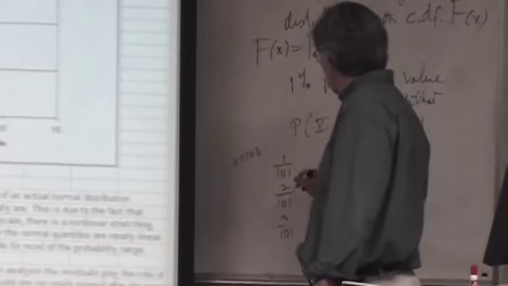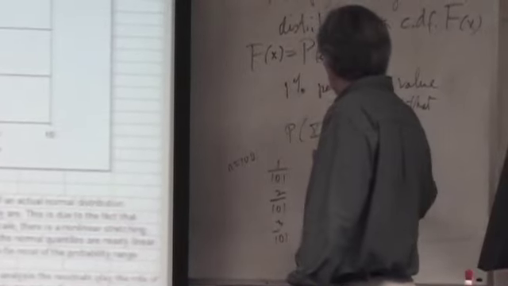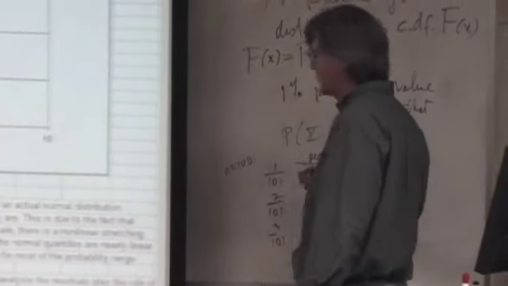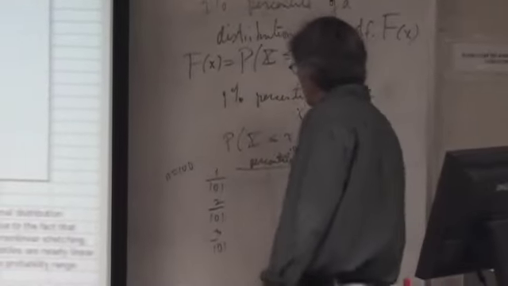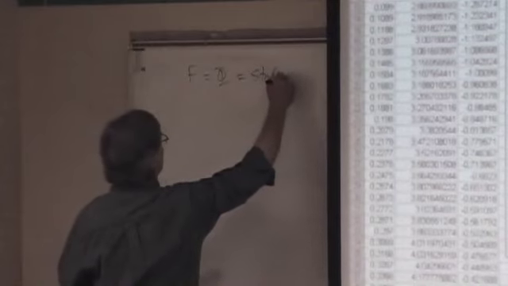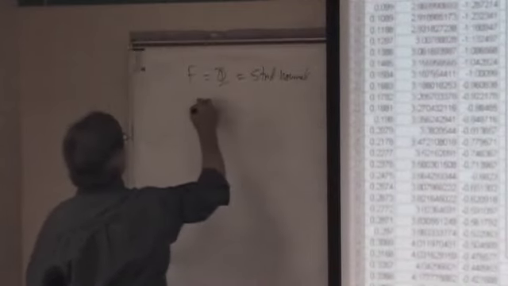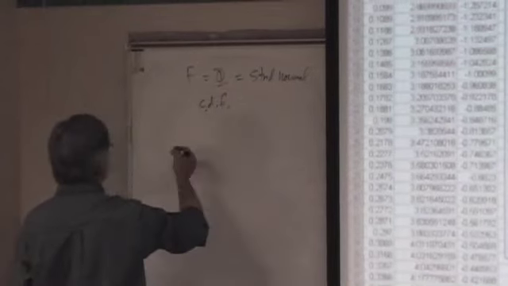And so I'm going to take the standard normal percentile. Now I'm going to work with capital F equals capital phi, the standard normal cumulative distribution function. So how do you actually calculate the percentile?